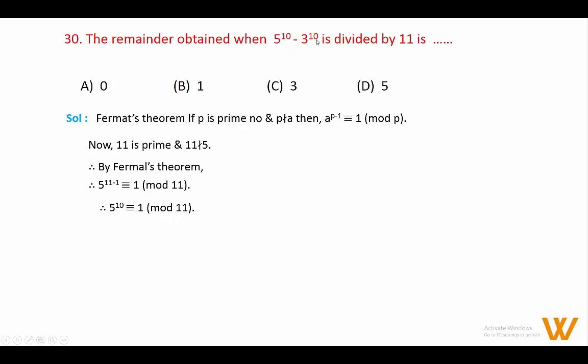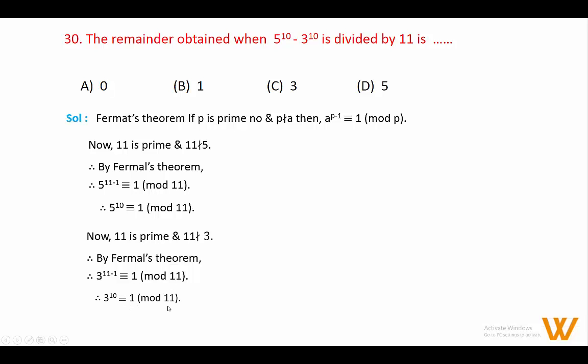Similarly, find 3 raised to 10. Again, 11 is a prime number and 11 does not divide 3. So by Fermat theorem, 3 raised to 11 minus 1 is congruent to 1 mod 11. So 3 raised to 10 is congruent to 1 mod 11.